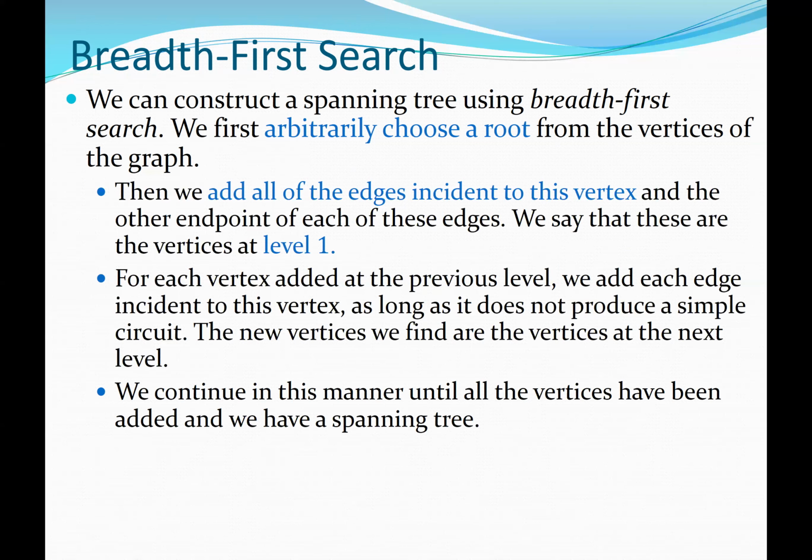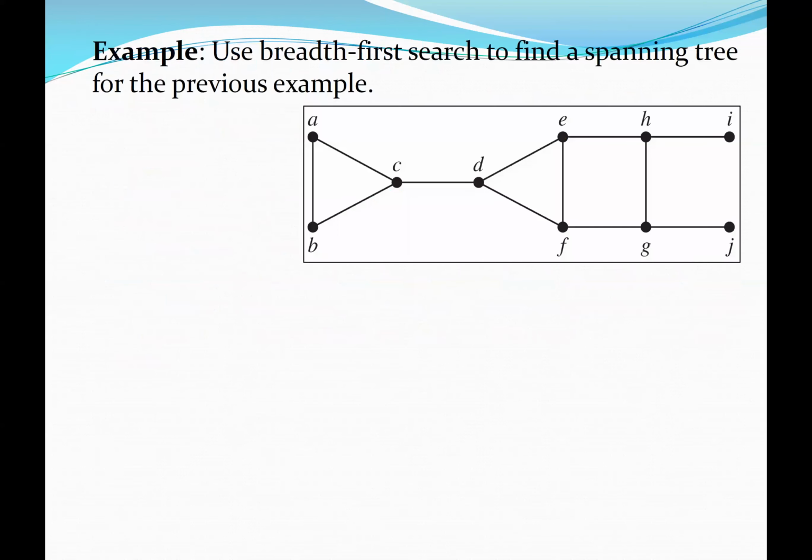Okay. So I can show you a comparison between depth first search and breadth first search. Here's the same example. I'm going to pick the same vertex A. First I'm going to do DFS. Remember what we did before.